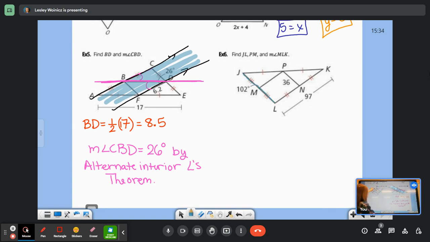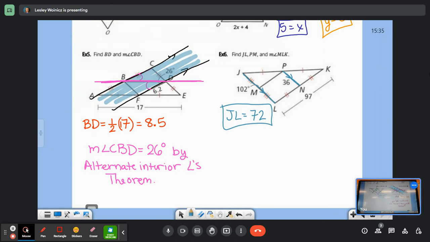Okay, I see they gave me that PN is 36, and I can tell that this is like a side and it's parallel, the little midsegment friend. So I just have to double that 36 to get JL. So JL is, what is 2 times 36? 72. Okay, that one was easy.